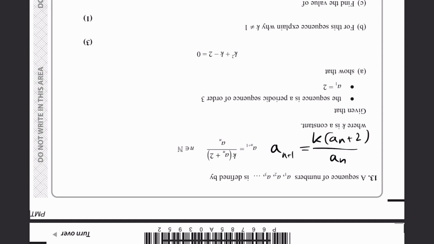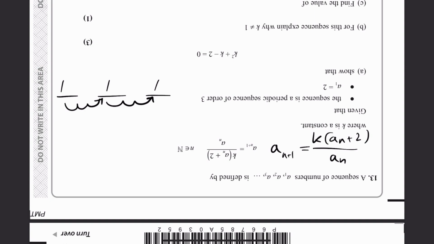Given that the sequence is a periodic sequence of order 3, I think that means it basically just comes back to the same value every 3 iterations, so if it was 1, it just keeps coming back to 1 like that.